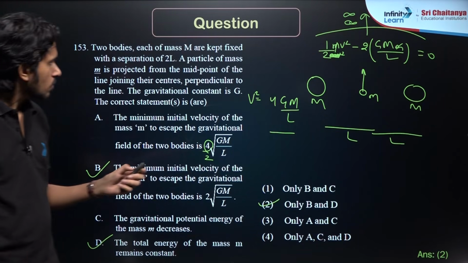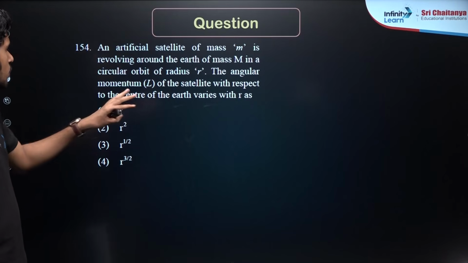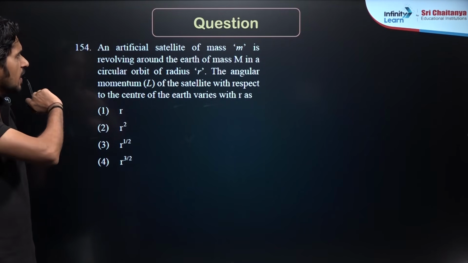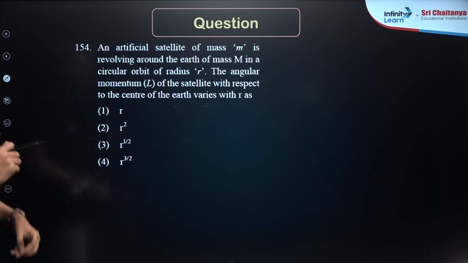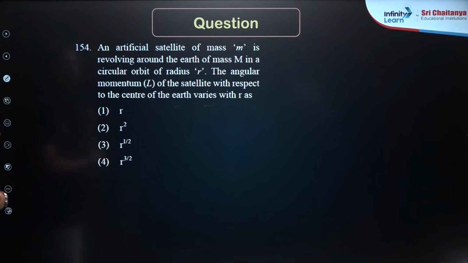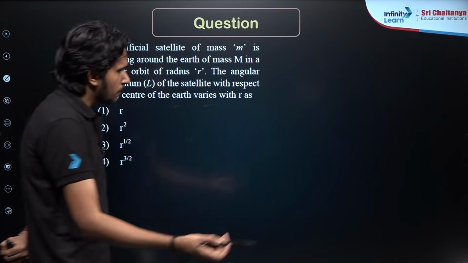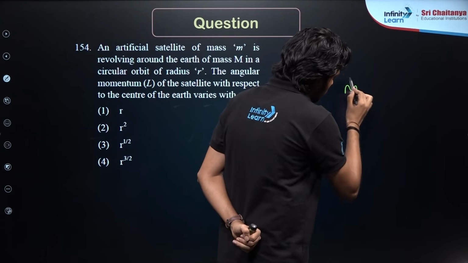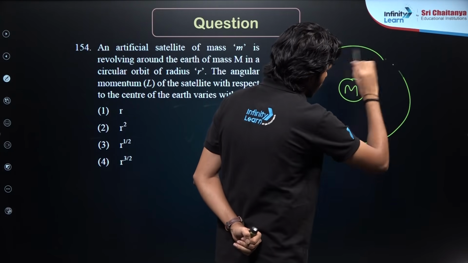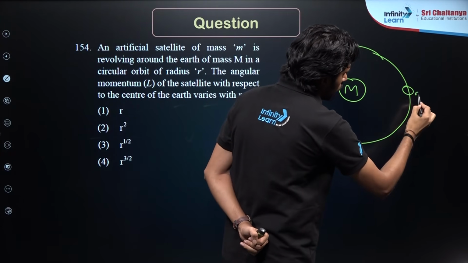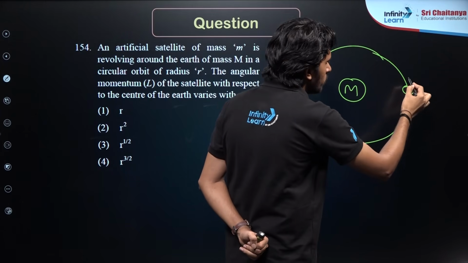Okay. Now let's see the next problem. In this problem we have an artificial satellite of mass m revolving around the earth of mass M in a circular orbit of radius r. The angular momentum L of the satellite, okay, so we have capital M mass of earth and mass of satellite small m, it is moving with orbital velocity.